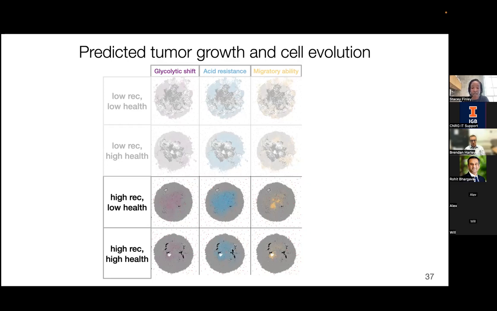We do see some areas of necrosis, but again, the cells are retained inside of the tumor rather than being able to migrate out. So just understanding the evolution of the cells and how the tumor grows when we have different tumor microenvironmental conditions.